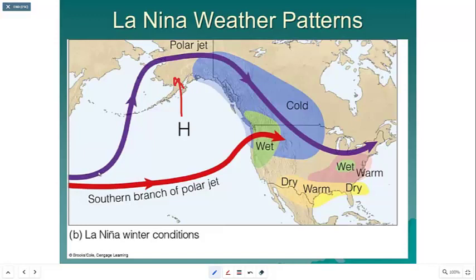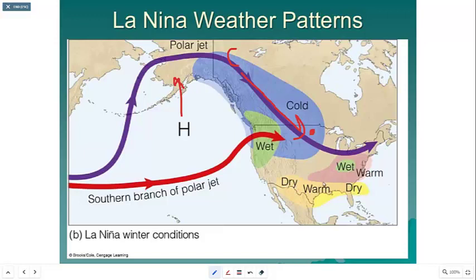And so that's going to drive the polar jet stream up through Alaska into the Northwest Territories, grab onto some cold air, and then pull that cold air into the Grand Forks vicinity. So when we have this pattern, La Nina, Grand Forks' winters typically are going to be colder than they should be. Now the southern states, they will be warmer because of the displacement of the subtropical jet, but they're also going to be on the drier side.